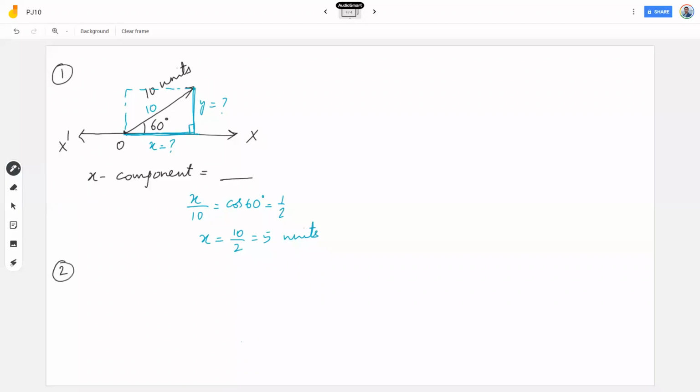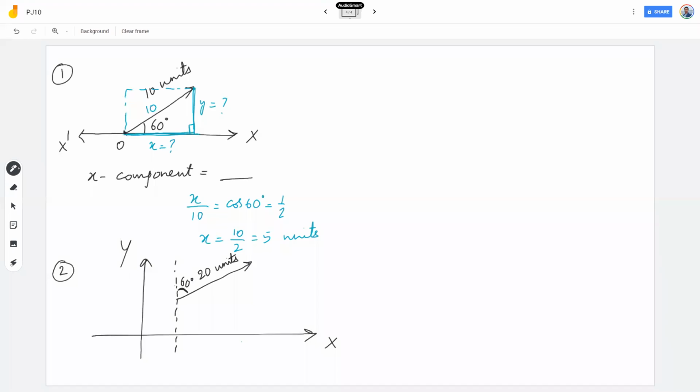Second one. This is a Cartesian coordinate system. Now there is a vector like this of magnitude 20 units. If I draw a vertical line parallel to the y-axis, this angle here seems to be 60 degrees.